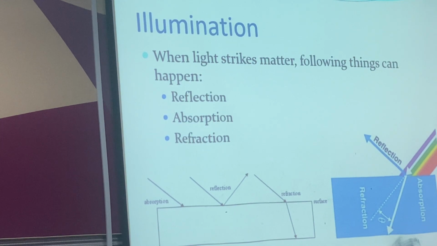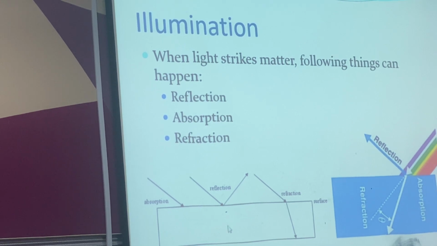When light strikes an object, the ray comes, there are 3 things that will happen. One, absorption: the light is fully absorbed into the object, then you see it totally dark.